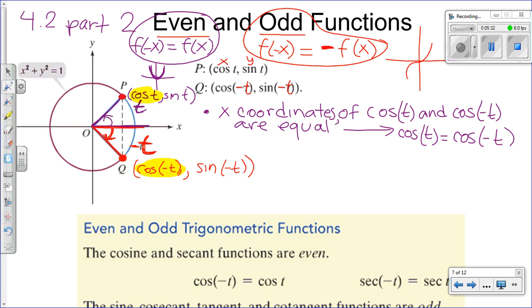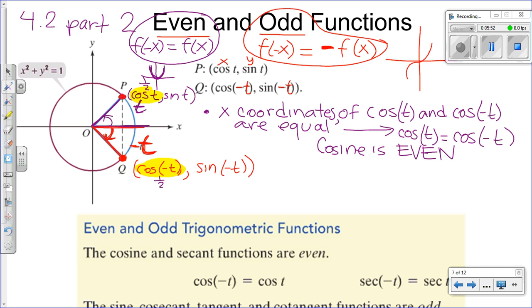And because of that, cosine is even. I'm just going to give you a number. Let's say that here we have a 1/2 for the x-coordinate. This one will also be 1/2, positive 1/2. Okay, just a random number.